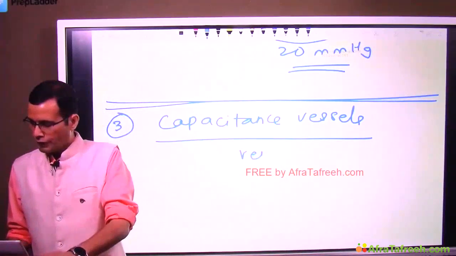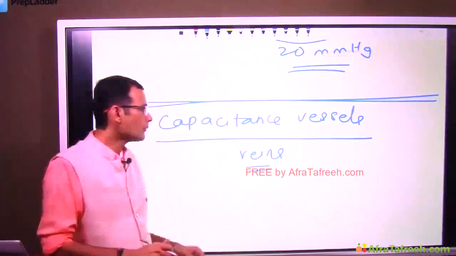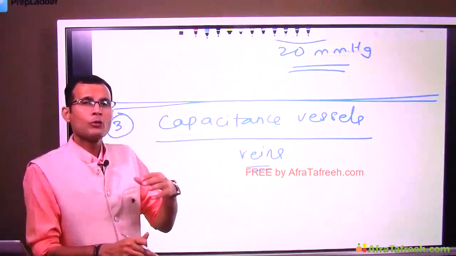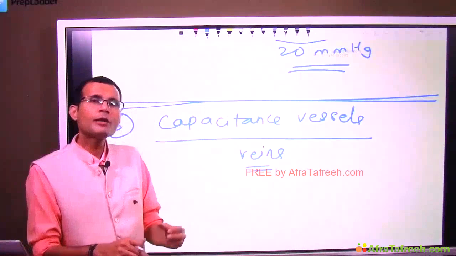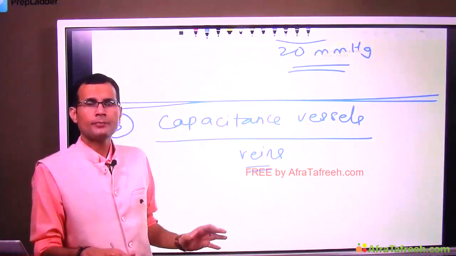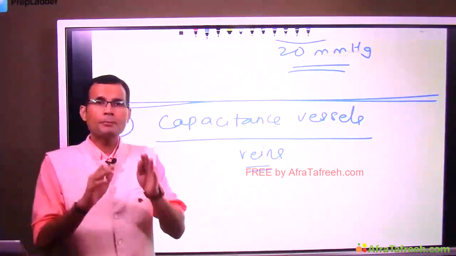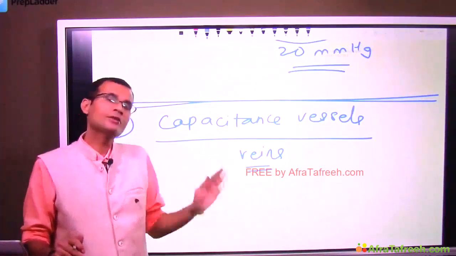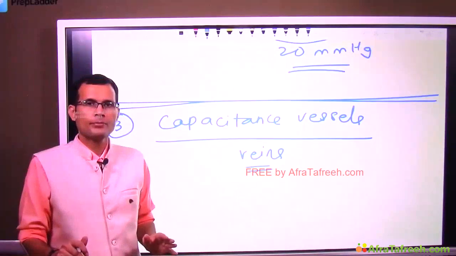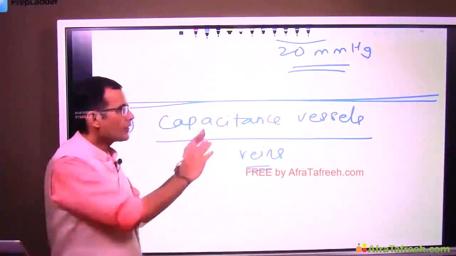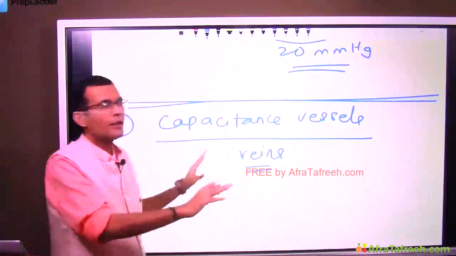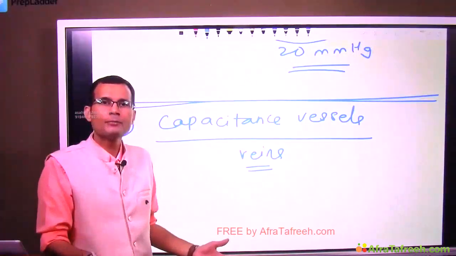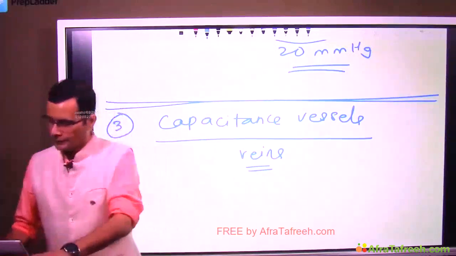So veins are called capacitance vessels because veins are low pressure vessels and they accommodate large quantities of blood. At any given point of time, more than half the blood is in the venous compartment. Yes, if you stop the circulation right now and see how much blood is present where, in which segment, you will find more than half the blood is in the venous compartment.